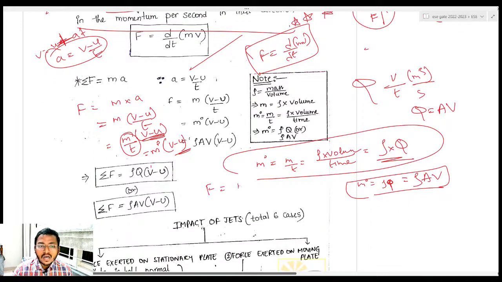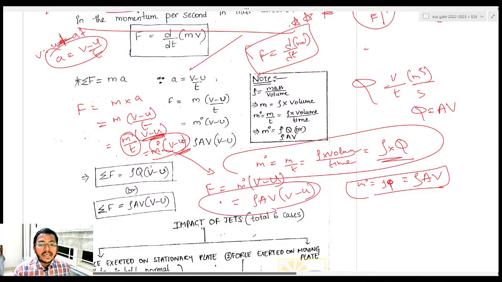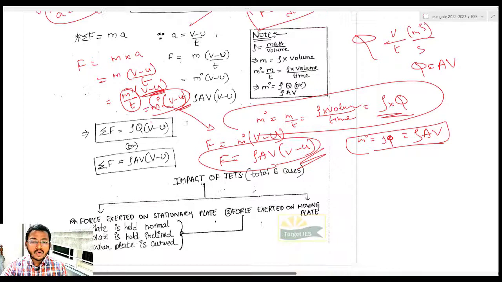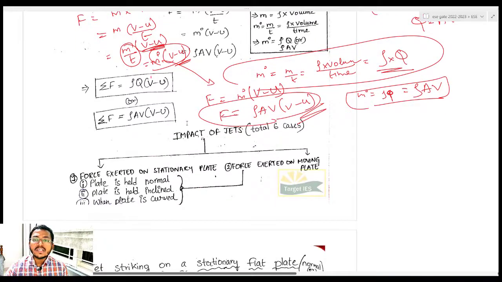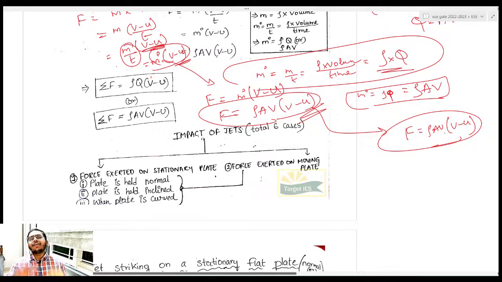My force was m naught into (v minus u), right? Just above I have derived it. So I can write it as rho A v into (v minus u). This will be my force equation which I will be using from here on. I hope it is clear. I will be extensively using this formula all over this chapter. Only one formula will be used, rho A v (v minus u), but it can be modified in different ways.